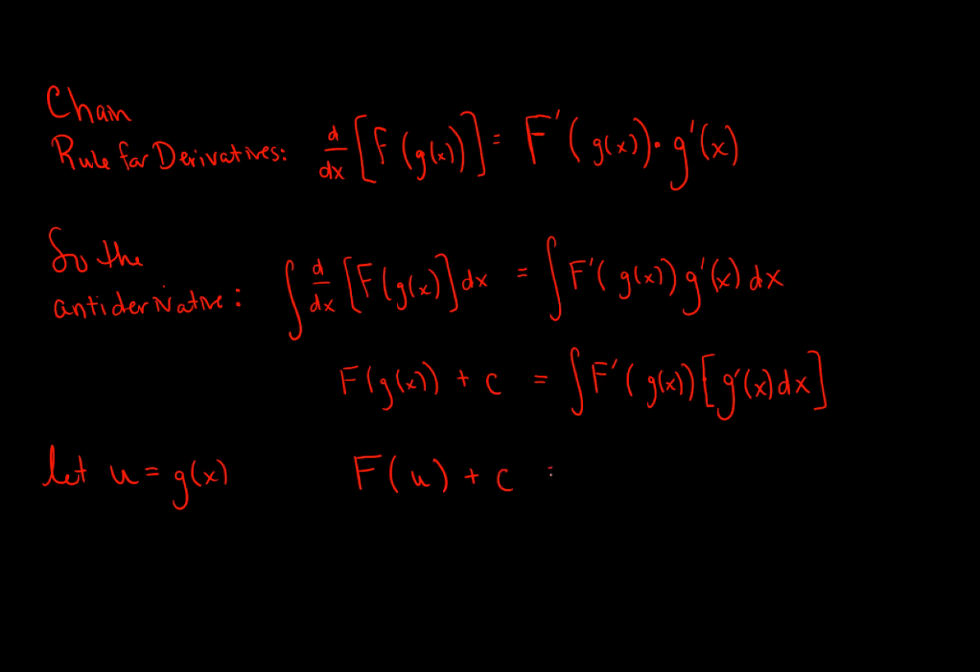Then the integral of f prime of u du is going to give me f of u plus c. All right, well, let's get rid of the abstract stuff and start looking at actual examples.